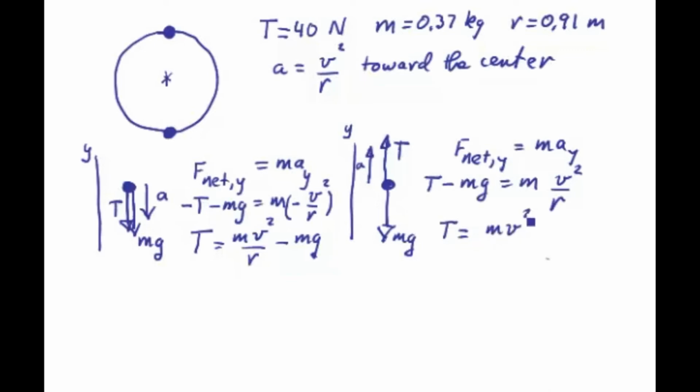When we solve this the same way we did before, we're left with the same equation, only this time we can see that we're adding mg instead of subtracting. So at the bottom of the circle, the mg portion is being added, so the tension must be greater. If it's going to break, it has to break at the bottom of the circle. So we figured out that the most amount of tension is going to be applied at the bottom of the circle, and that's the answer for where it's going to break.